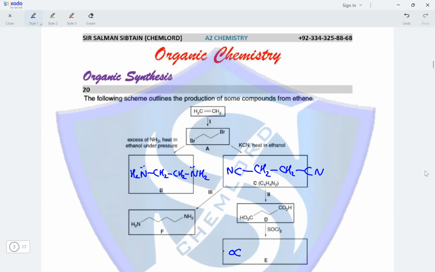So COCl on the left and COCl on the right. And the dinitrile can also be converted into a diamine by reduction. So this completes the organic synthesis pathway that has been given.